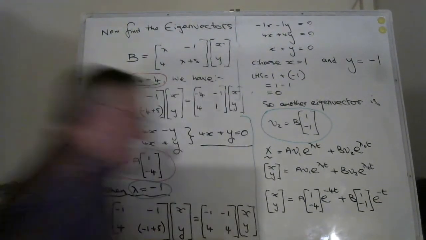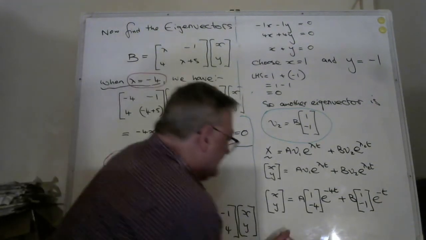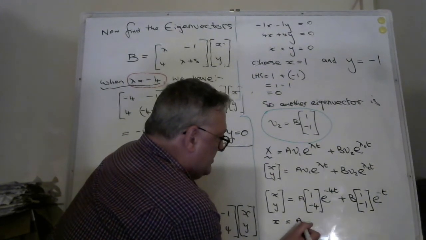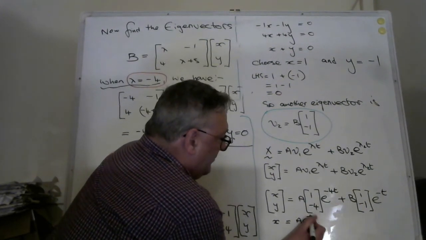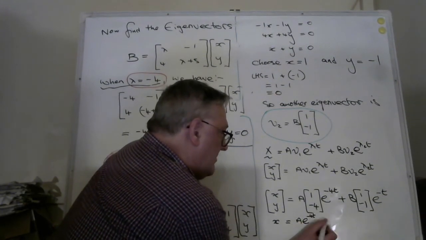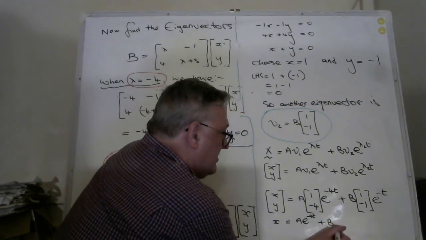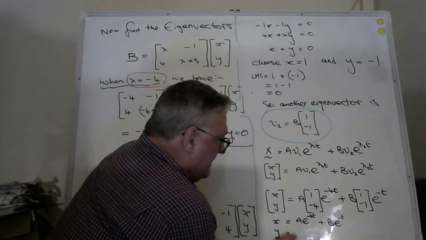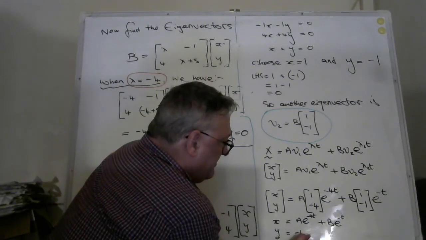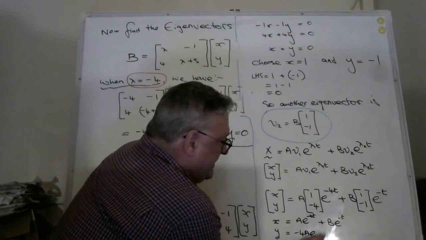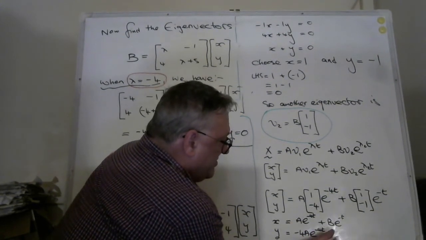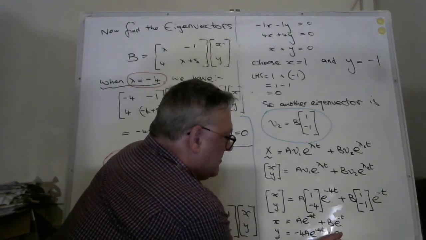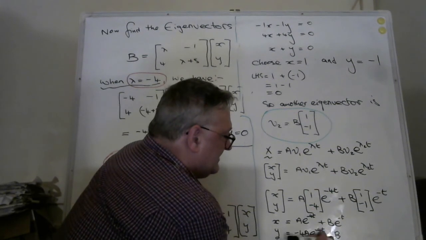Now I'll just explain in a little bit more detail what this means. It means that x is equal to some constant a times e to the minus 4t plus b e to the minus t, and y is equal to minus 4a e to the minus 4t plus b, in fact actually it's a minus, isn't it?